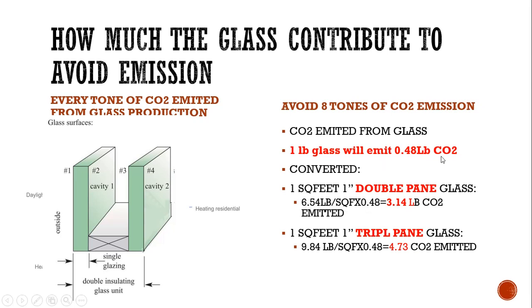You multiply by the unit conversion to carbon, which is 0.48, and you get 3.14 pounds of carbon emitted per 1 square foot of double pane glass, or 4.73 pounds of carbon released to produce triple pane glass.